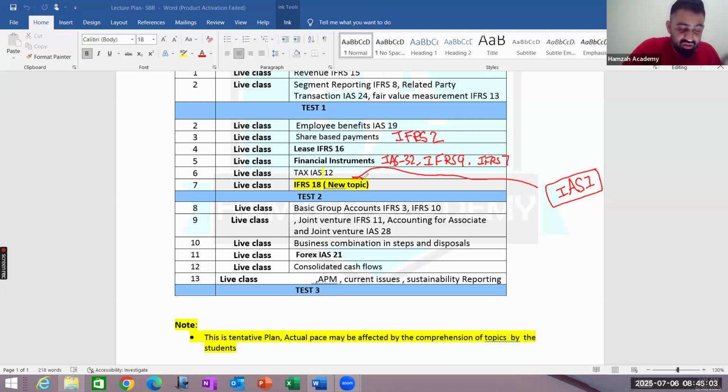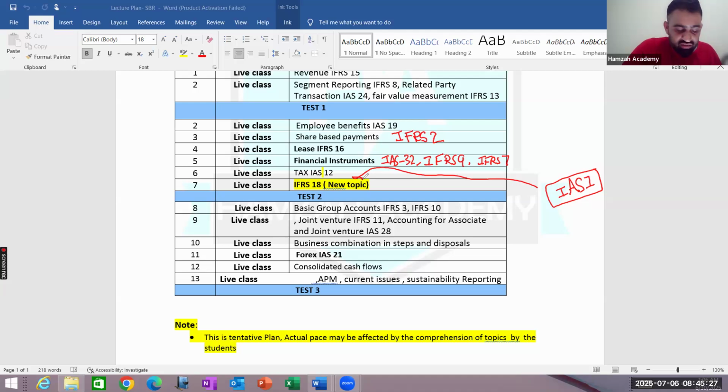IFRS 10, again relating to consolidated financial statements. Then IFRS 11, joint arrangements, accounting for associates and joint ventures, IAS 28. We will do these accounting standards.